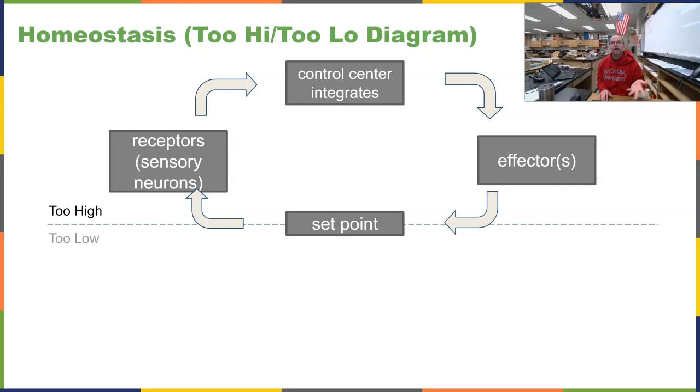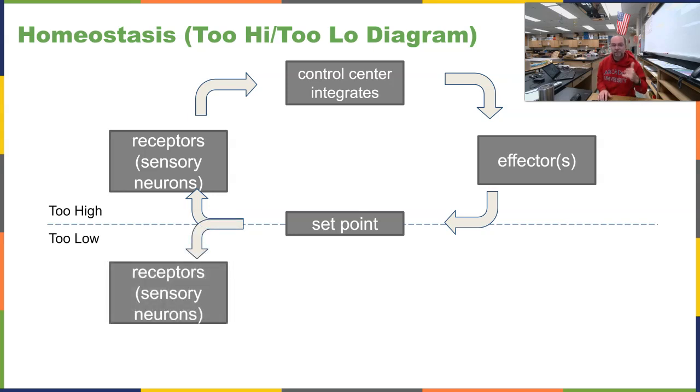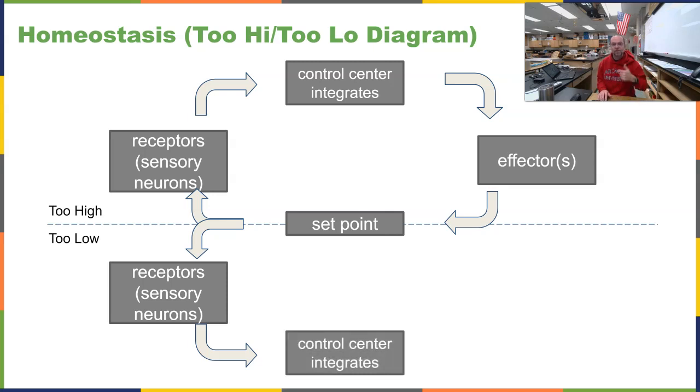Okay, now if you're below the set point, the same sensory neurons detect information. They send impulses through the same afferent sensory pathways to the same control center, which integrates it. But this time the control center realizes that the impulses are indicating that you're below the set point.